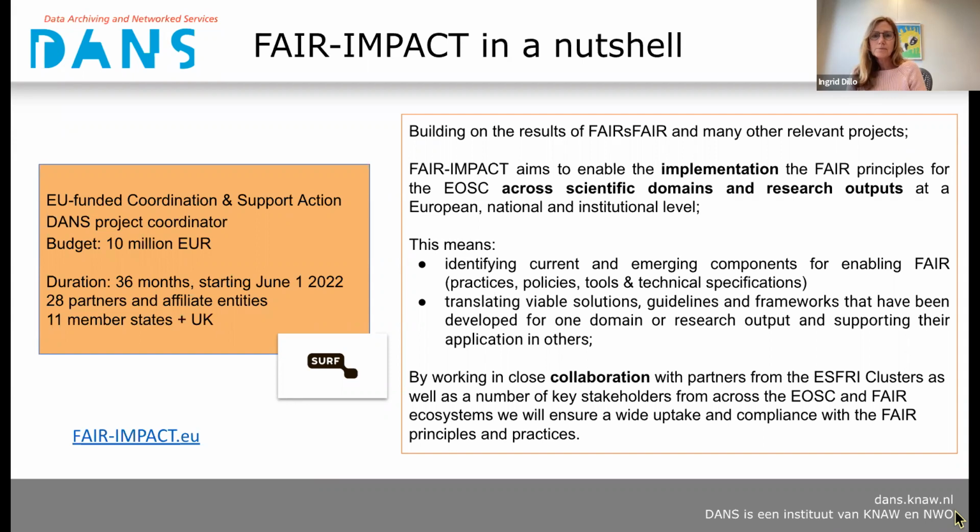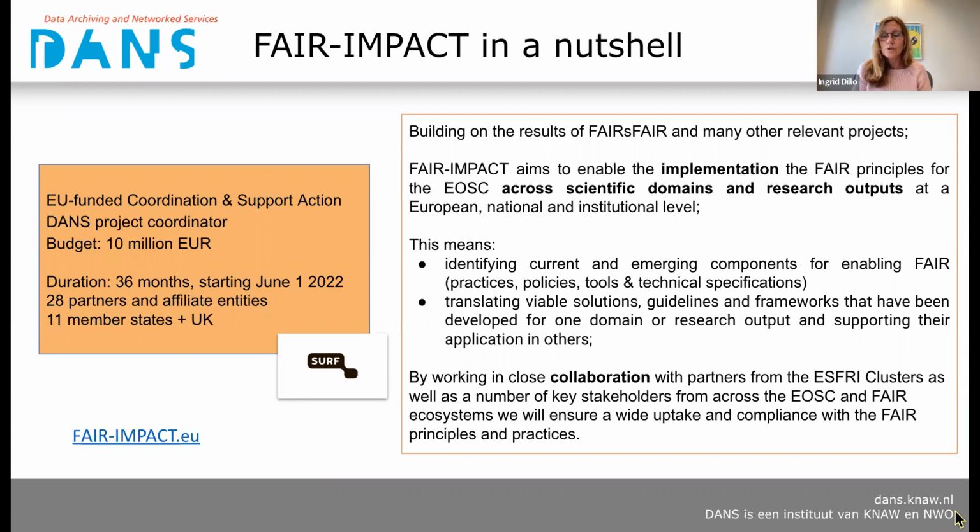So what it means in practice is that we will try to identify all kinds of components that can help us implementing the FAIR principles, so practices, policies, tools, technical specifications. We try to identify them in the different domains and also try to translate them to make them useful in other domains. So this is across domains, but also across research outputs. So there will be less single focus on data.